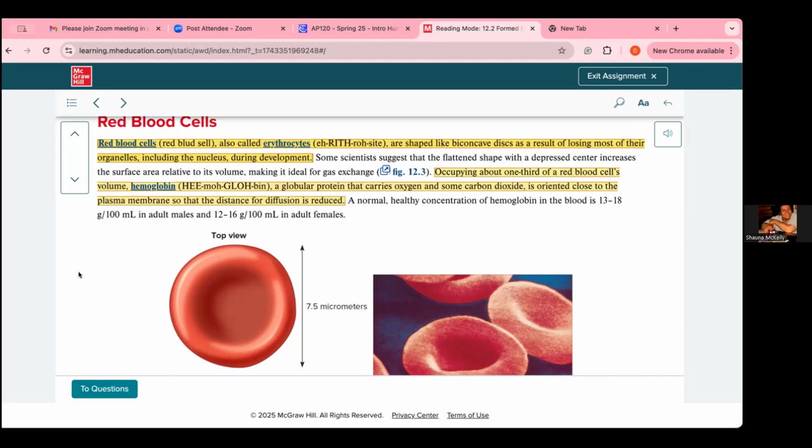Hemoglobin, I think. I think it's hemoglobin.